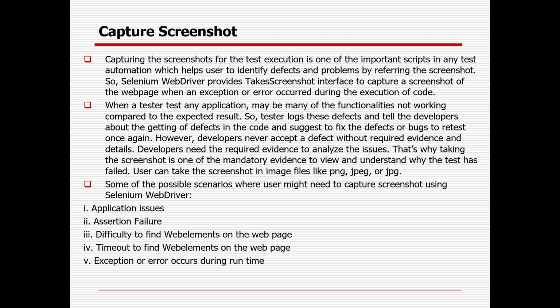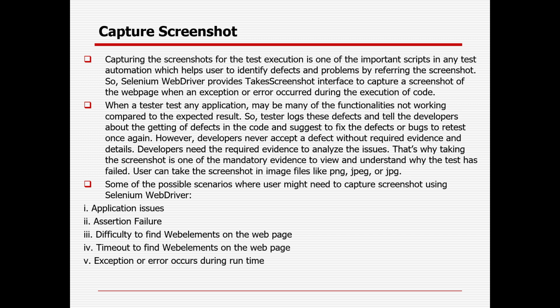So when a tester tests any application, maybe many of the functionalities are not working compared to the expected result. So the tester logs this defect, tells the developer about the defect in the code, and suggests fixing the defect or bug so it can be retested. But the developer, product owner, scrum master, or the respective stakeholder might not agree in case you are logging a defect without proper evidence. Developers never accept a defect without the required evidence and details.